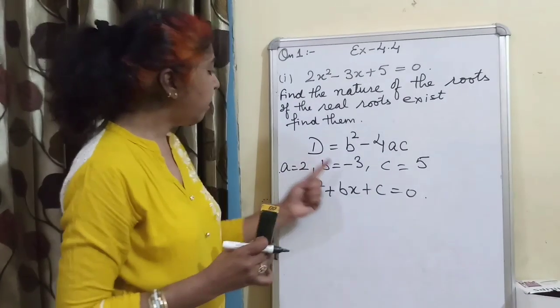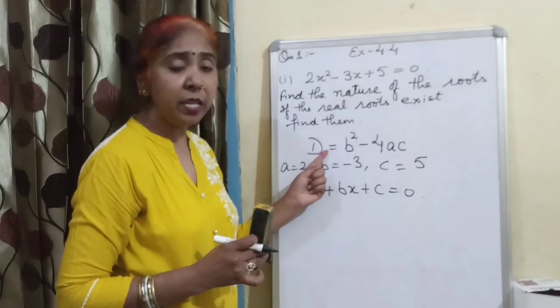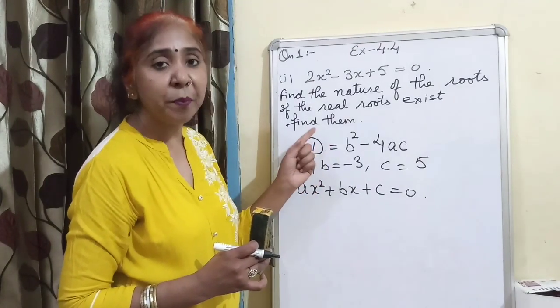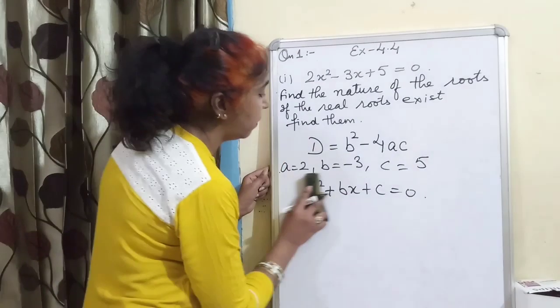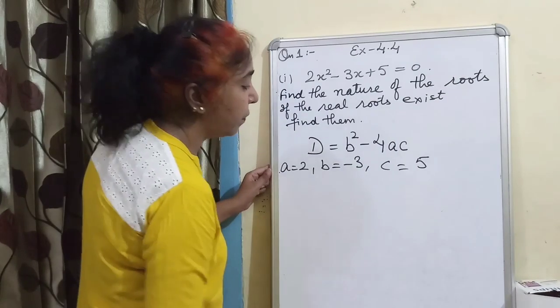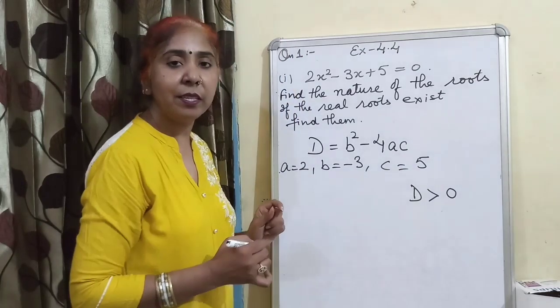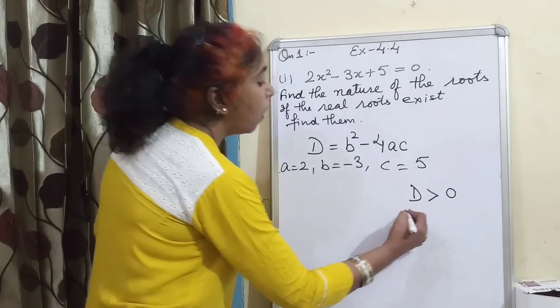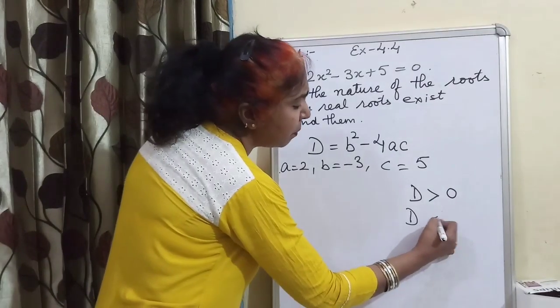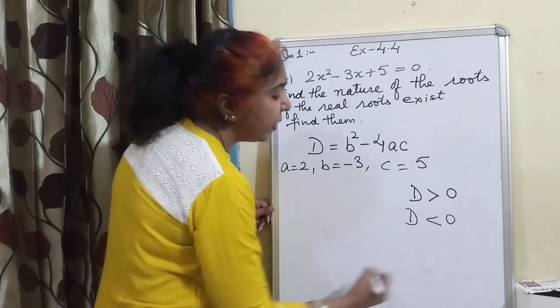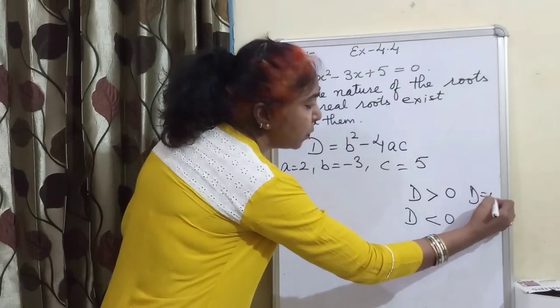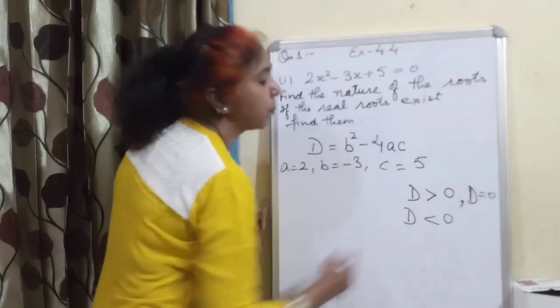After getting a, b and c, we have to find out D. I told you that D is the discriminant, and D can come positive, that means greater than 0, D can come less than 0, and D can come equal to 0 also.